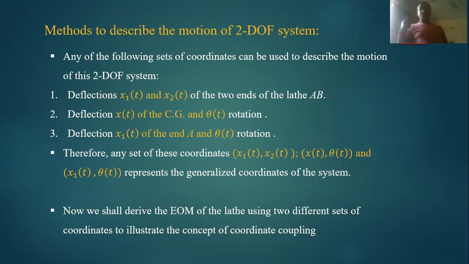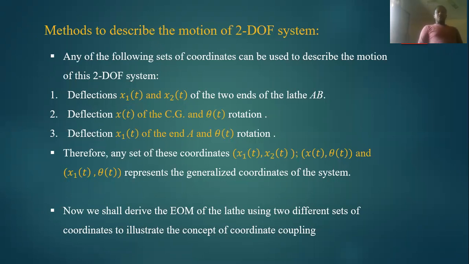That is another method of describing. The third is the deflection x1 of t and theta of t, or we can use x2 of t and theta of t. So a lot of methods are available to describe it.